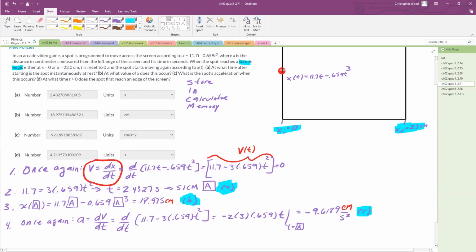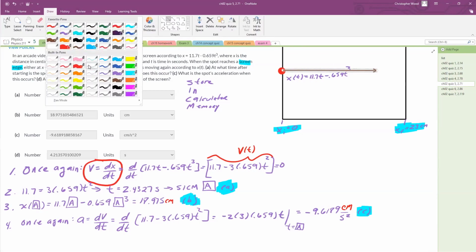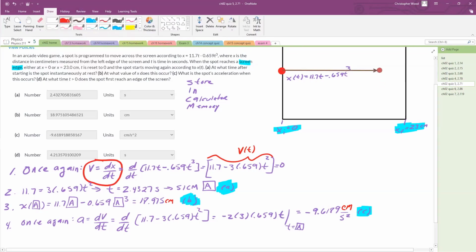My spot made it to about that location, and at that location, it came to a complete stop. And then it reversed itself. So it made it all the way to 18.975 centimeters with my numbers. It stopped and then it reversed itself.